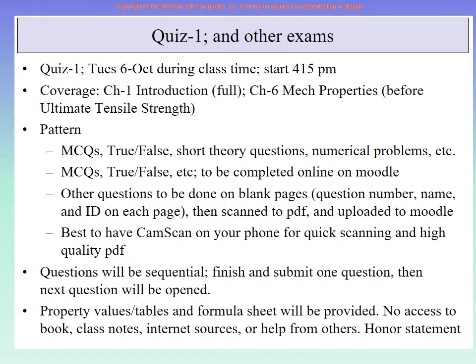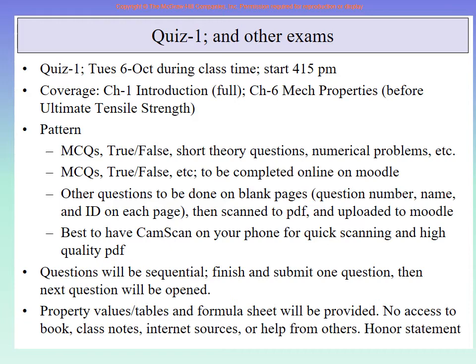And on each page, you write the question number, your name, and the ID on each page, right? The top page, the back page, everywhere. Then once you finish, you scan it as a PDF. Don't scan it as a picture. Don't send me the Word file. It is very cumbersome. So whatever solution you have, whether it is 1 page or 2 pages or something, you scan it as a PDF and upload it to Moodle, right?